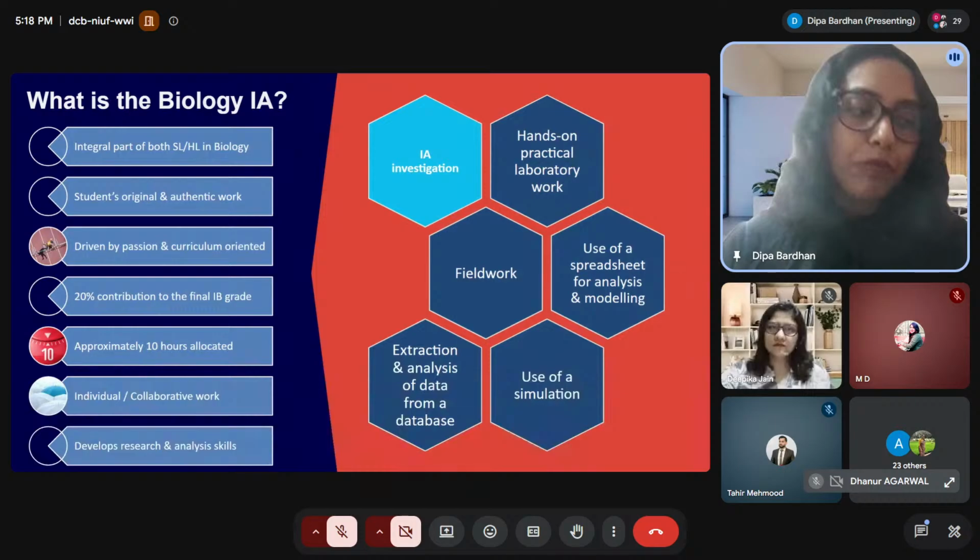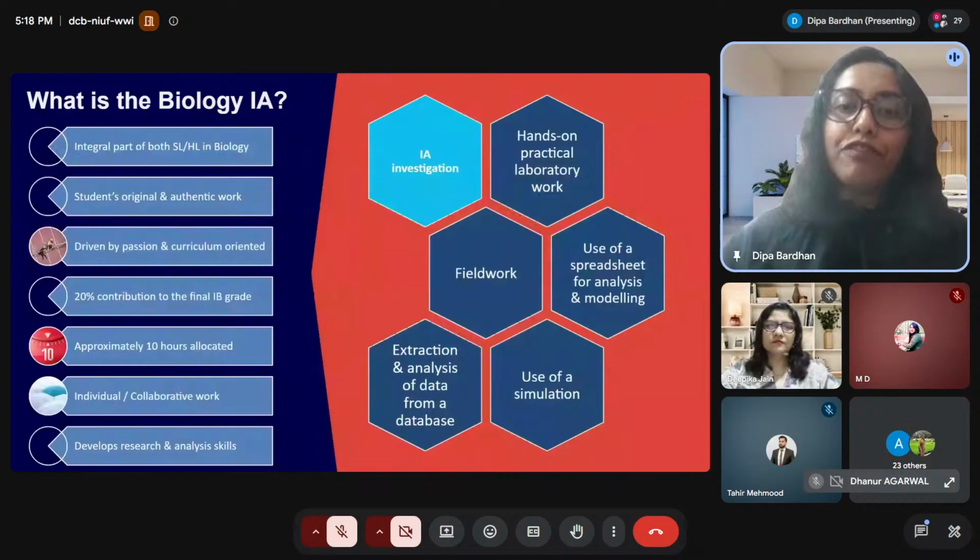Extraction and analysis of data from a database is also possible. Fieldwork is possible, mostly for the ecology IAs. Use of spreadsheets for analysis and modeling is possible. But being Group 4 science, experimental sciences, I recommend for high scoring IAs, please do a hands-on practical experiment in the laboratory.